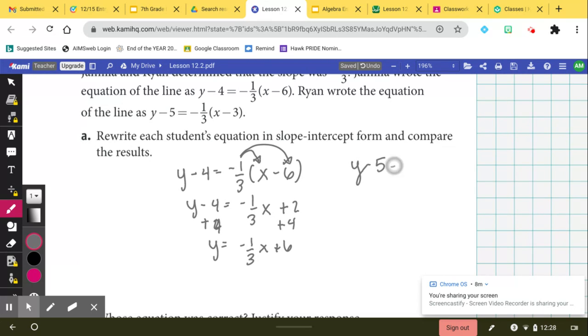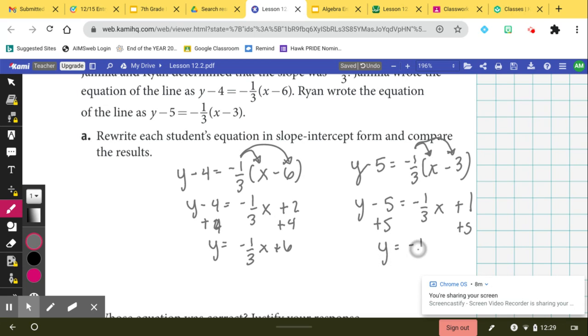Y minus 5 is equal to negative 1/3 times x minus 3. Again, distributive property. Y minus 5 is equal to negative 1/3 x plus negative 1/3 times negative 3. That'd be a positive 1. Then we would need to add 5. So y is equal to negative 1/3 x plus 6.